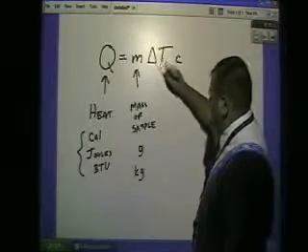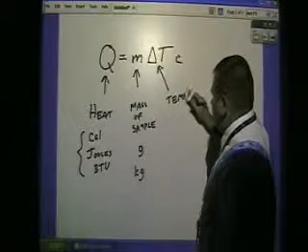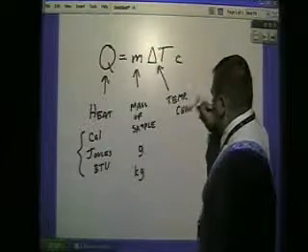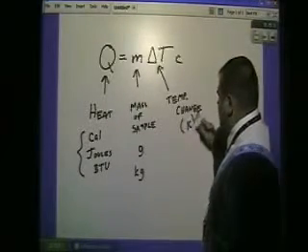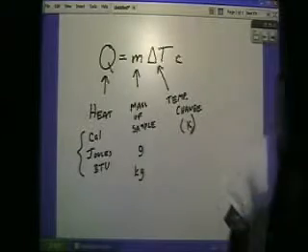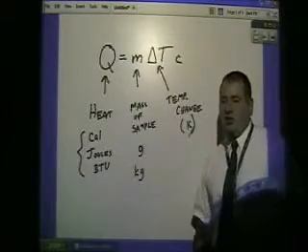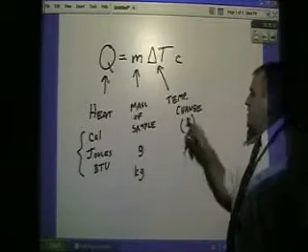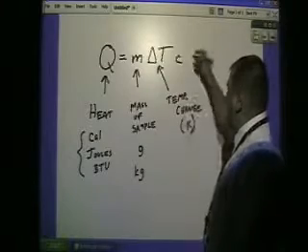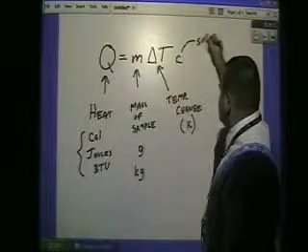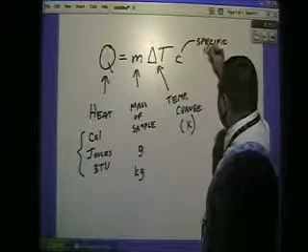Delta T, this is your temperature change, but the important thing is it always needs to be in units of Kelvin. Alright? Nice thing is 1 Kelvin equals 1 degree Celsius, but it's important to know that you should have this in Kelvin.